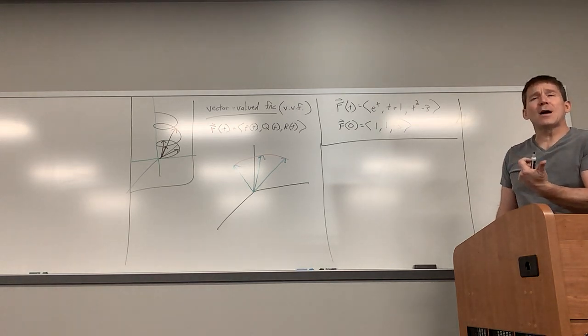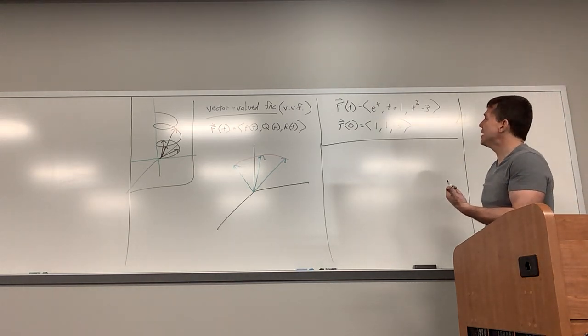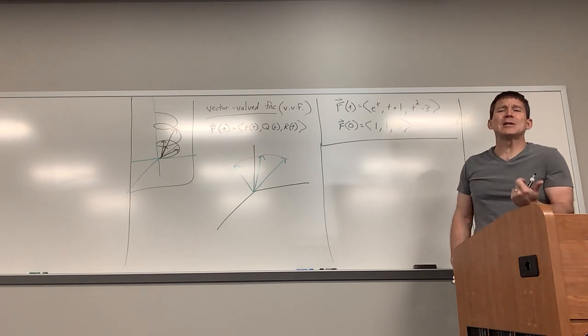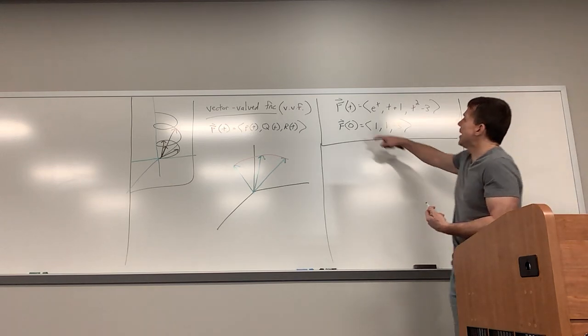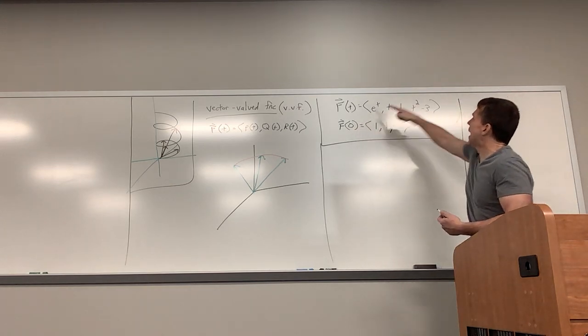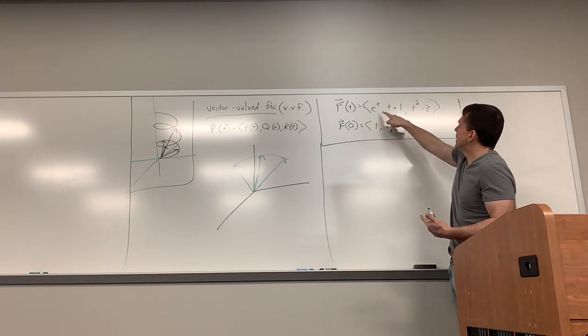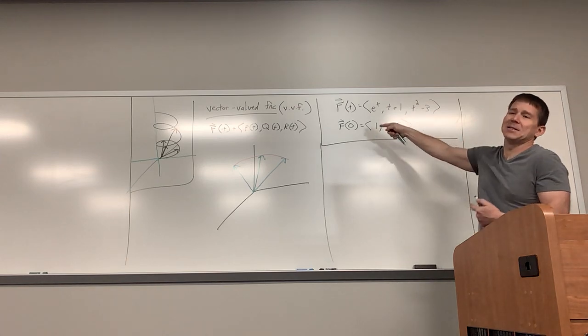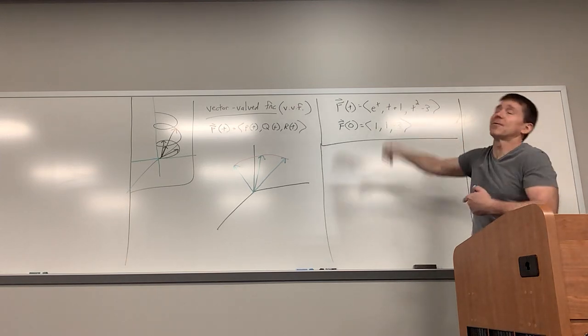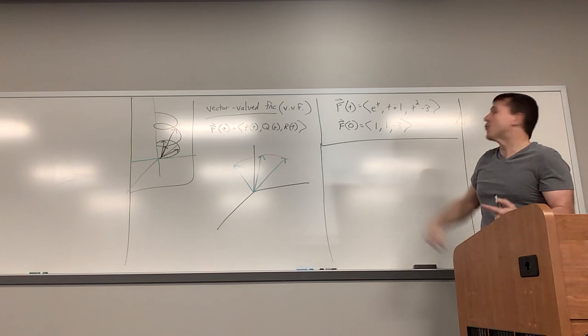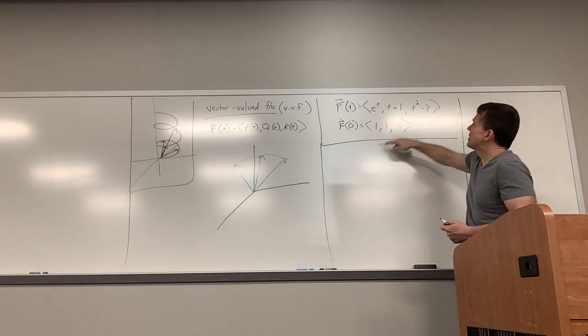So first off, when you define a function, you care about the domain and the range. But for the purposes of this, the idea should be pretty obvious. To get the domain of, say, f of t, I look at each of the component functions and look at their domain. If there's anything that isn't included in any of those domains, then it can't be included in the domain for the whole vector valued function. So e to the t is defined everywhere.